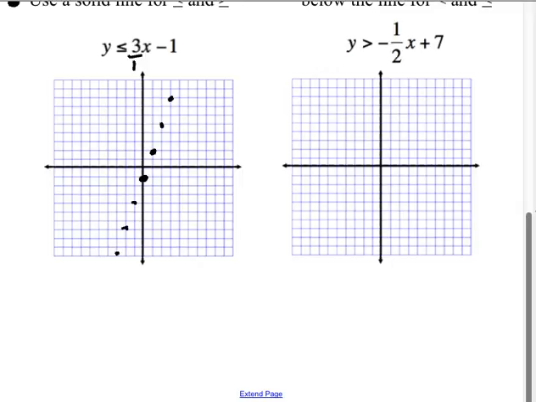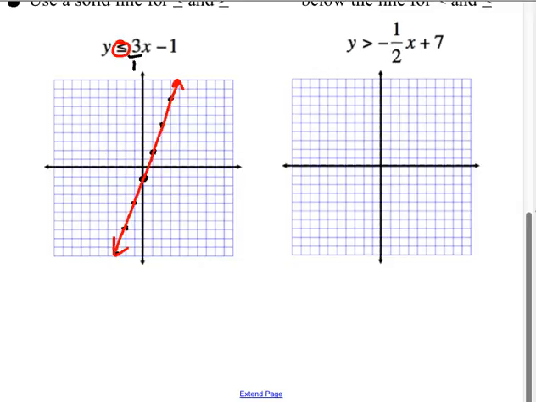So now I need to determine if it is a solid or dashed line. So for that, I'm going to look here. It is less than or equal to. That or equal to piece, that bar underneath it, is what makes this a solid line.